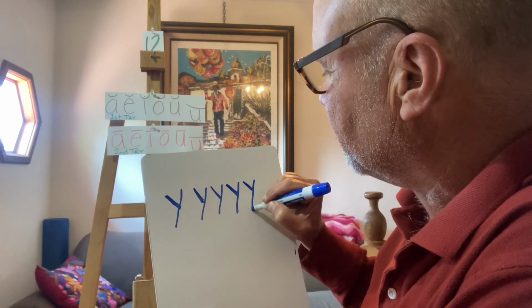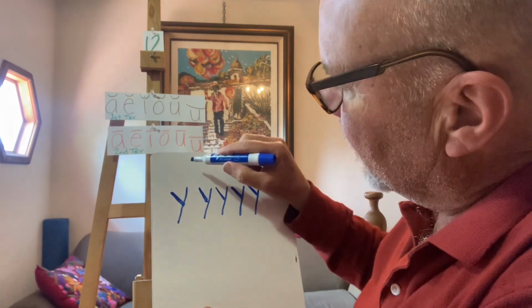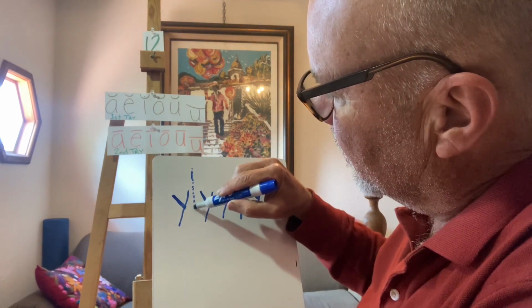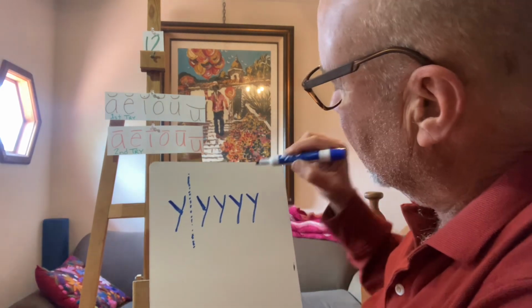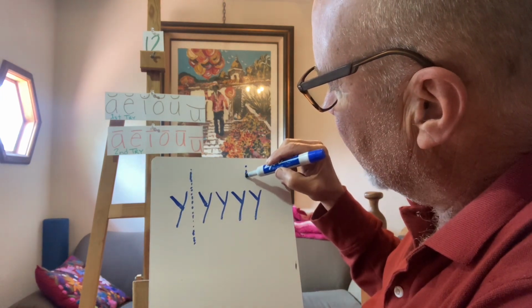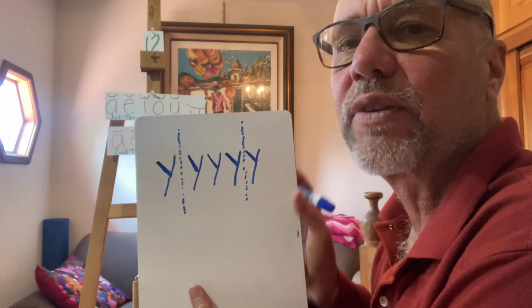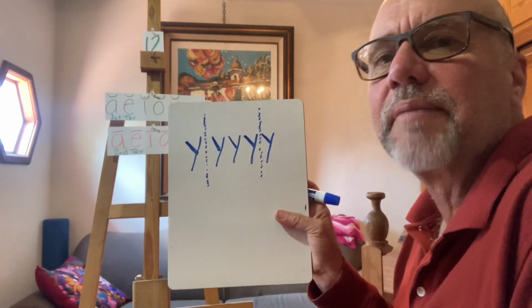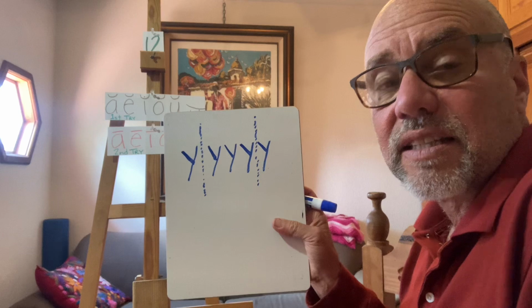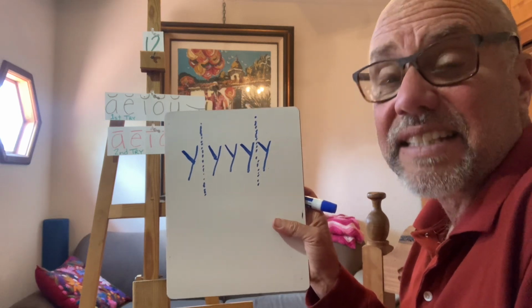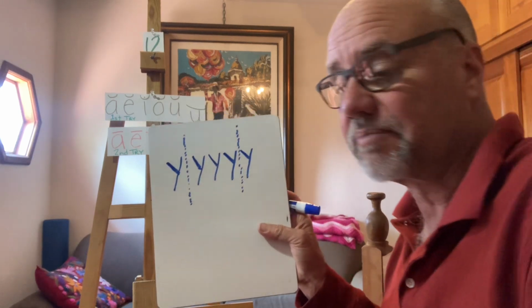Okay? Then we're going to put a broken line after the first letter and a broken line before the last letter, and let's pretend this is a word, because Y does different things depending on where it is in the word.